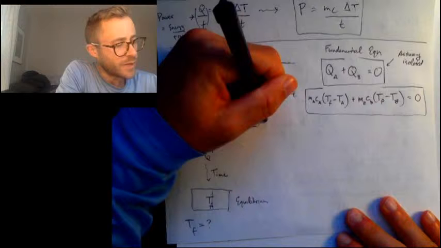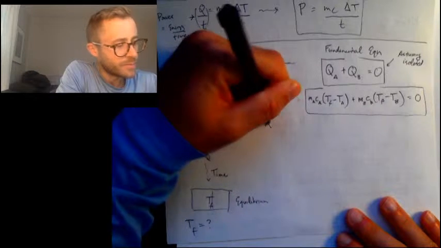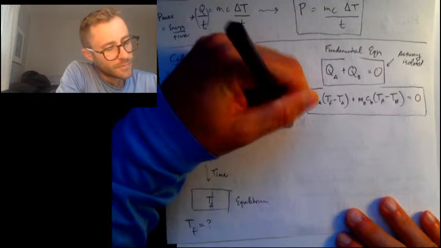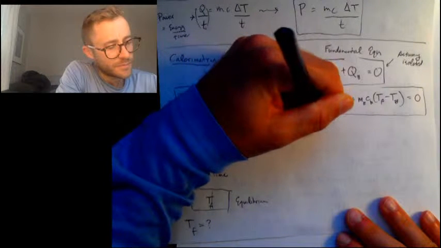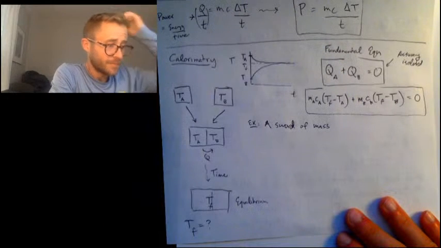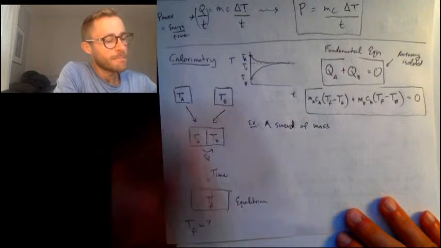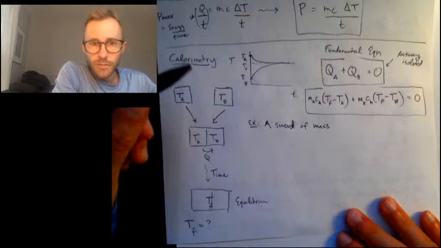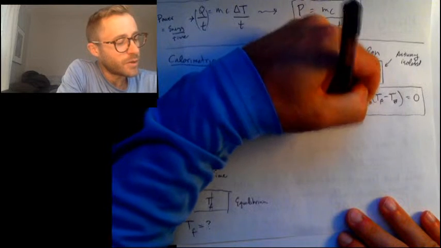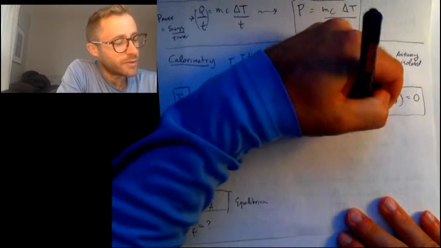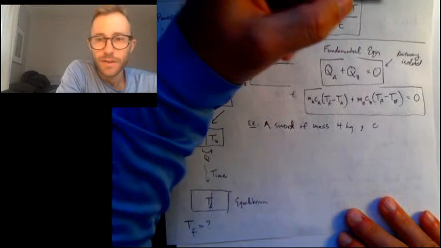Let's suppose that we have a sword of mass 4 kilograms, specific heat capacity.